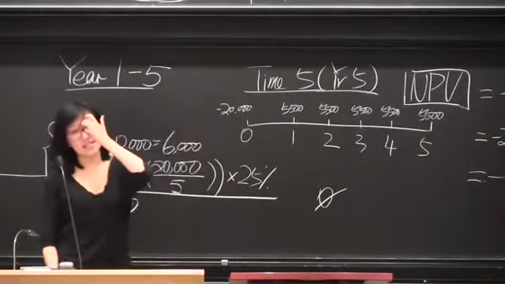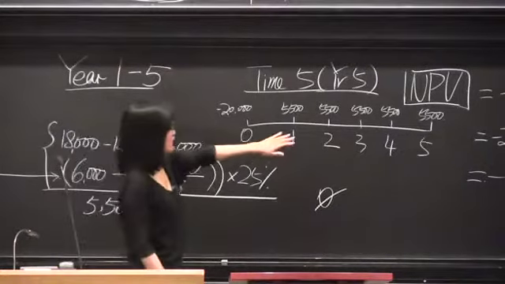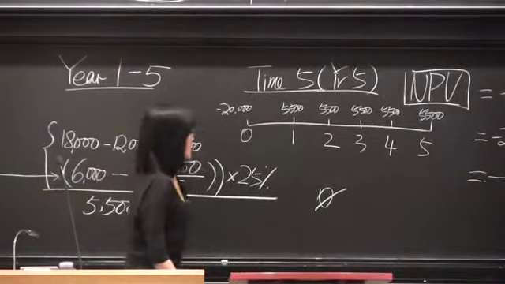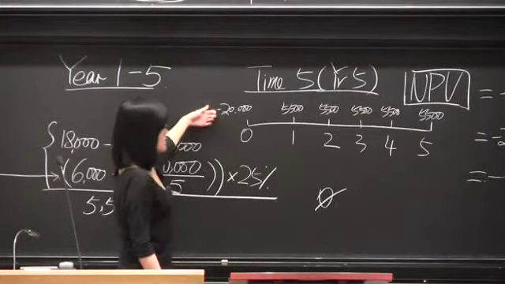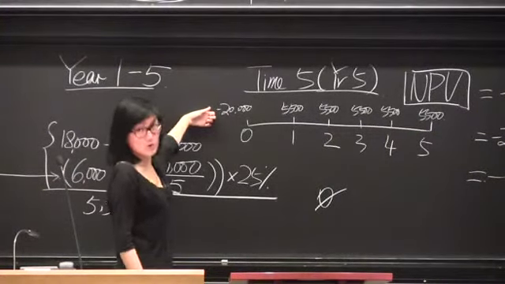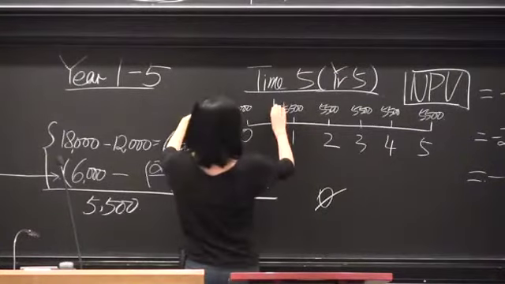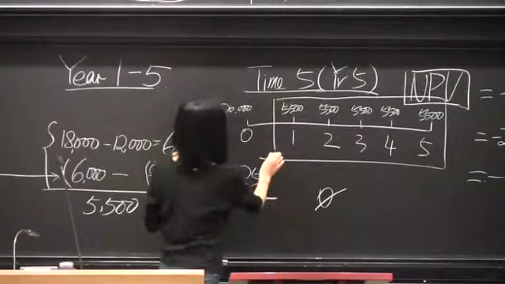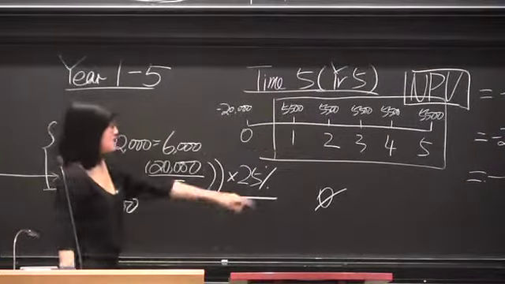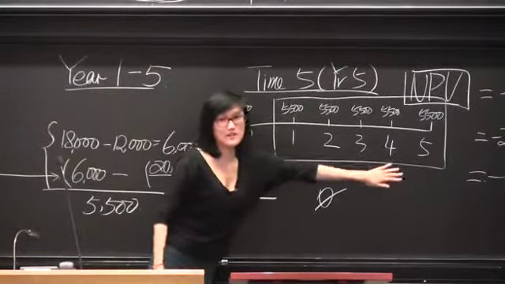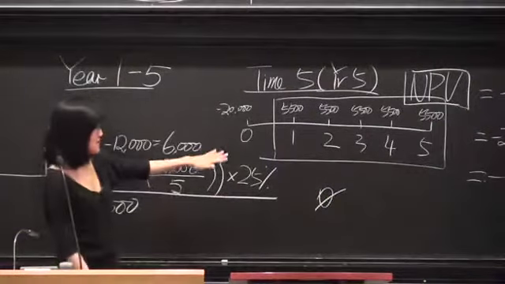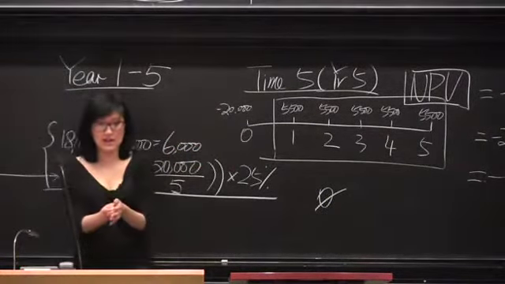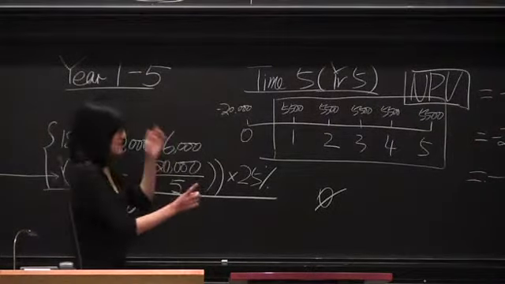It's basically asking you whether getting these incremental cash flows will be enough to cover this initial cost. And what we're saying is the 5,500 at year 1, 2, 3, 4, 5 does not equal 5,500 at year 0. Because $1 today is not $1 tomorrow. So that's basically what we're saying.